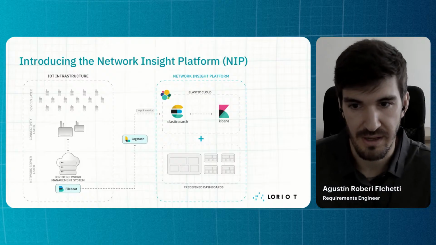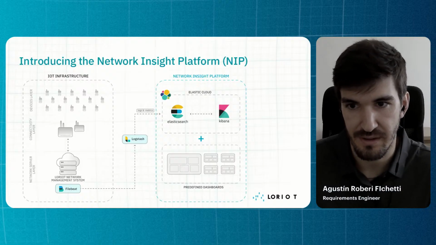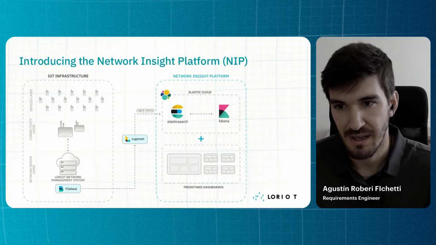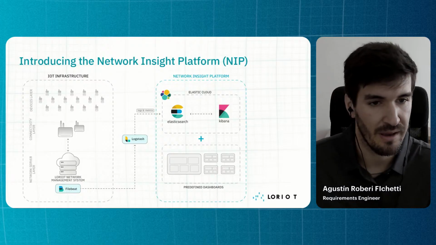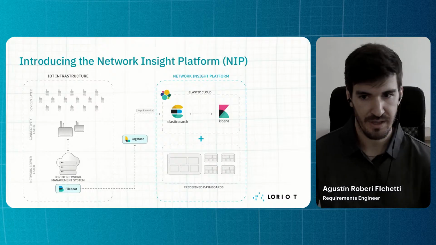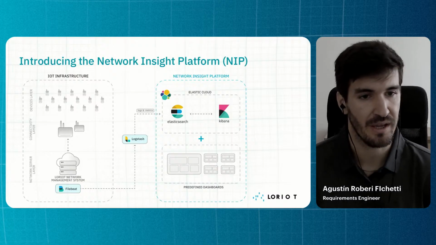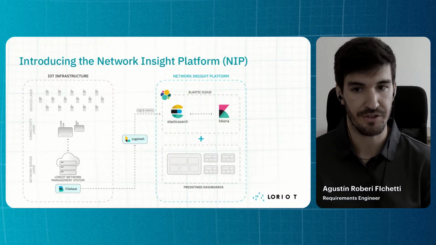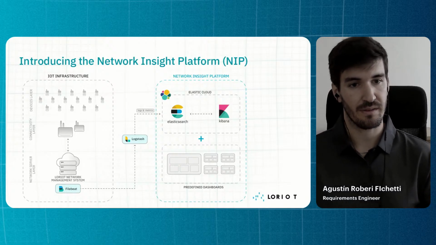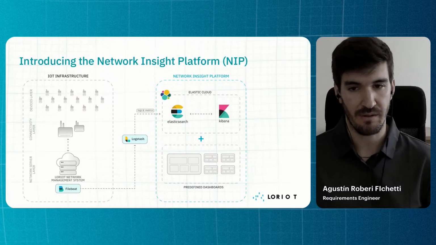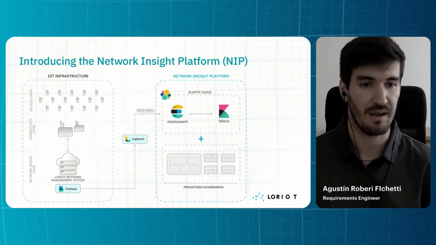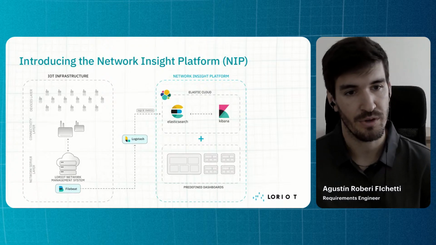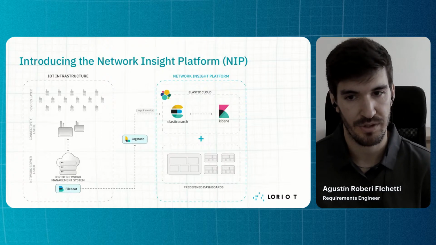As I mentioned, imagine you have the IoT infrastructure on the left side of the screen. You have your network, regardless of your use case. In each NMS, there's a single service in charge of collecting the logs and forwarding them to a different machine managed by LORIOT, which runs a Logstash service.